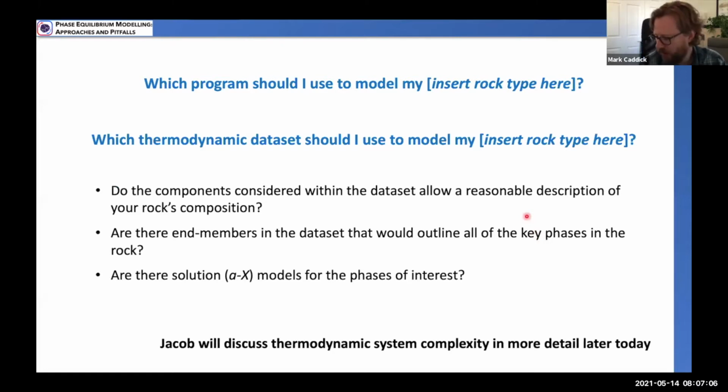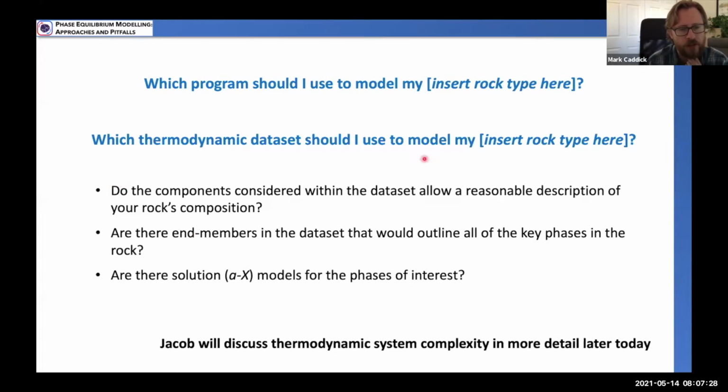For instance, if our rock is very high sulfur, then we need a data set that will describe that. Are there end members in the data set that outline all of the key phases in the rock? It's a similar related question to the first. And are there solution models, activity composition models, for the phases of interest?